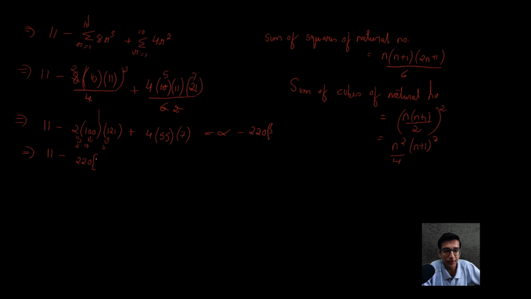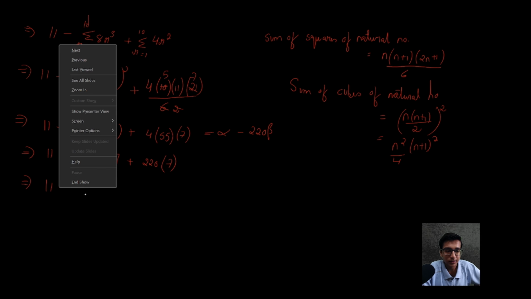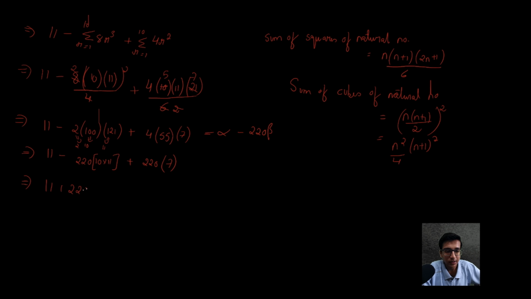And what would be left out? 10 into 11 plus 55 into 4. This simply gives us 220 into 7. Now this is just arrangement of numbers based on the equation that has been provided to you in the question. This is nothing very difficult. Let us take 220 common. We would get minus 110 plus 7.